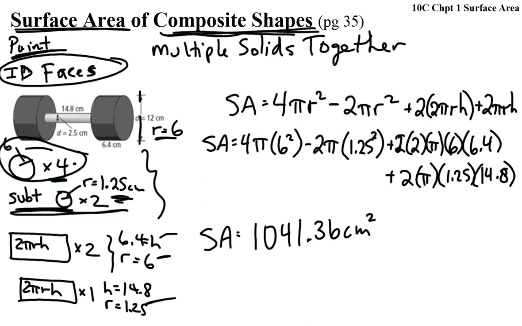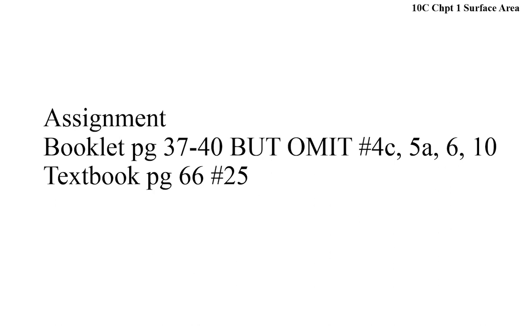Lots of little steps, so lots of work in this surface area, but not new. You should have seen this before, whether it was a previous high school course or in your junior high curriculum. We're going to add to this next lesson some different kinds of questions, but get this practice done.